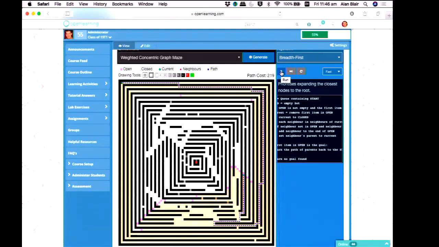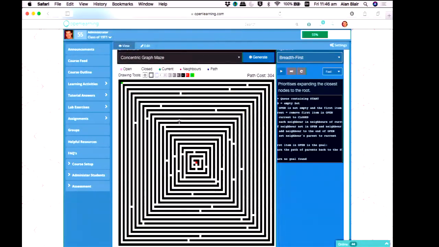Then if I want, I can move the start and the goal node. So have a play with this. The tutorial questions ask you to try to devise mazes for which, for example, breadth first search works faster than depth first search, or different things like this.